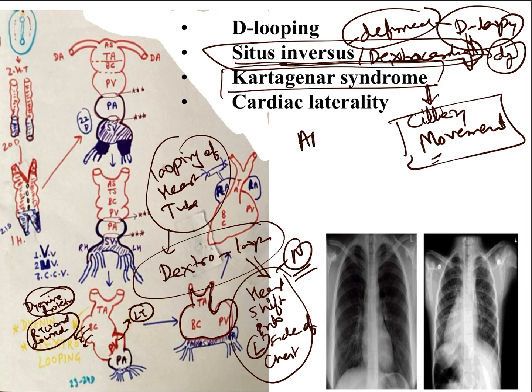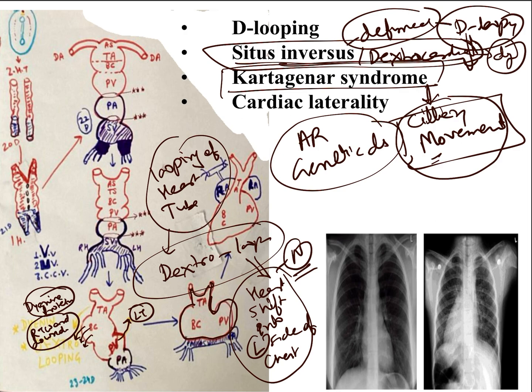It is actually an autosomal recessive genetic disease or syndrome because of altered or defective ciliary movement. If the ciliary movement of the lungs is defective, then secretions accumulate in the lungs, hence multiple infections will occur, which results in bronchiectasis. If the ciliary movement is defective at the sinuses, it will result in sinus infection, so sinusitis will occur.